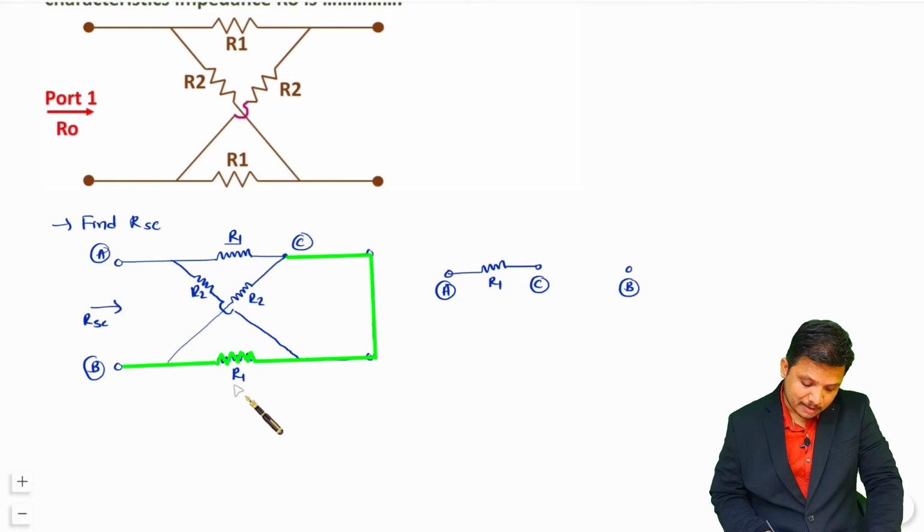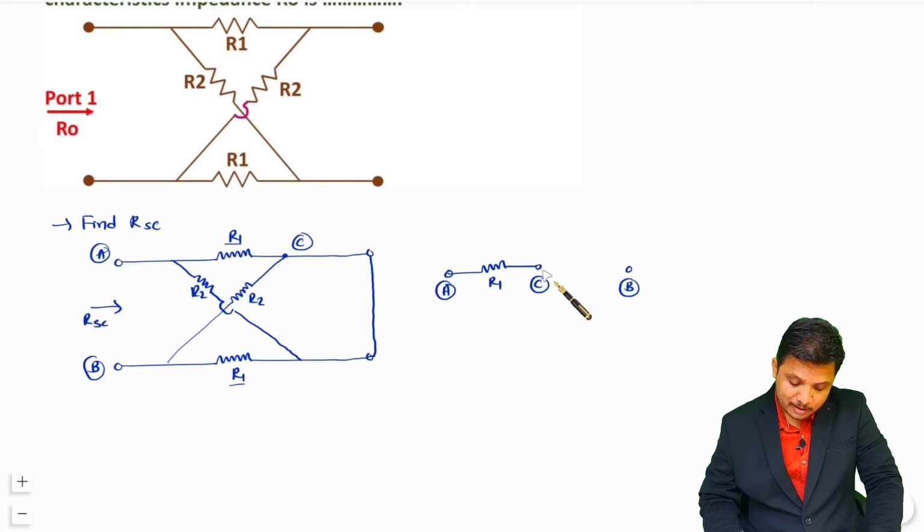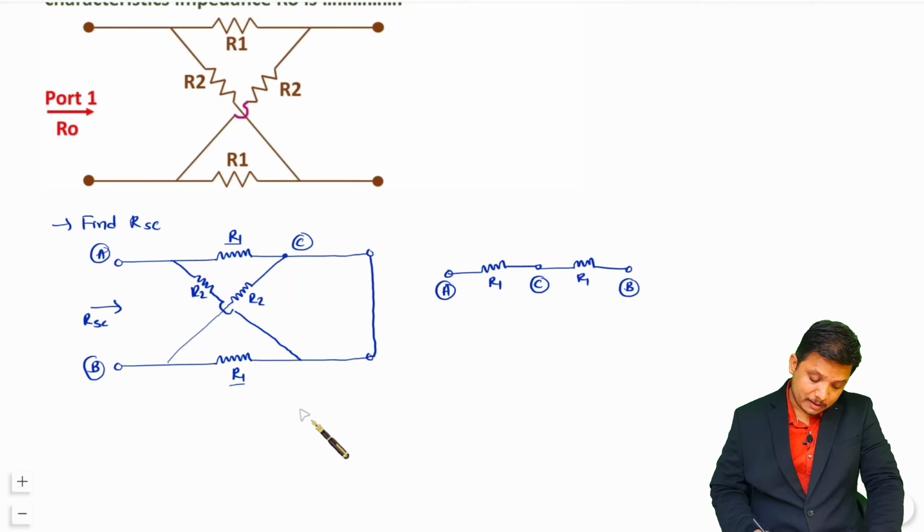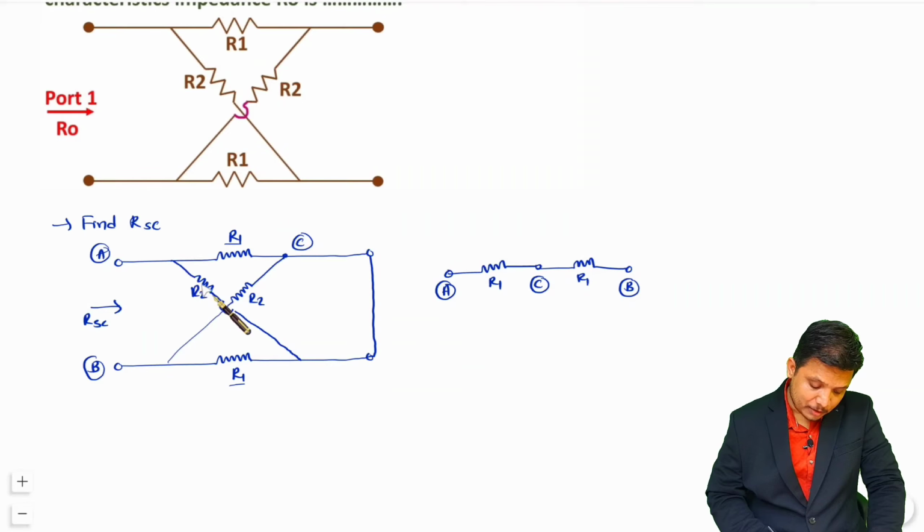Now you see this R1 that is there in between B and C. You see in between B and C, this is C only, right, as this is shorted over here. So in between B and C we are having R1. Now you see this R2 that is connected in between A and C, right?